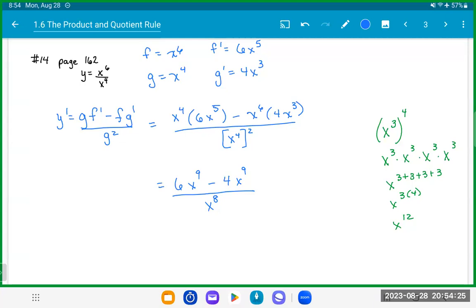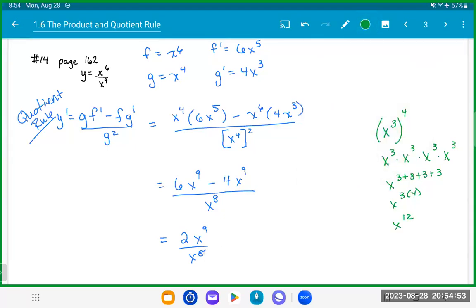All right. So now we can simplify as much as we can. So this here is the quotient rule. Okay. And so we have this, and it gives me 6 minus 4 is 2, X to the 9 over X to the 8.